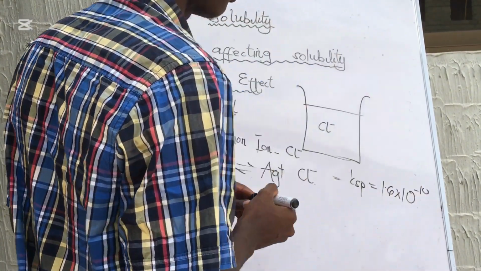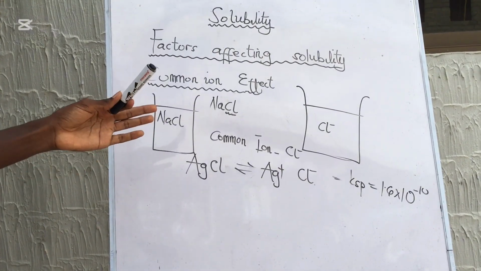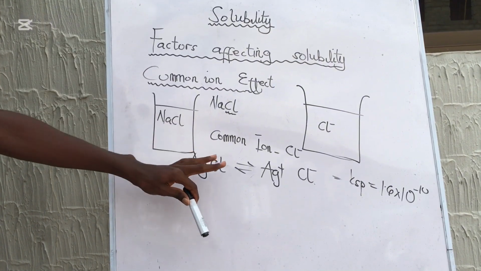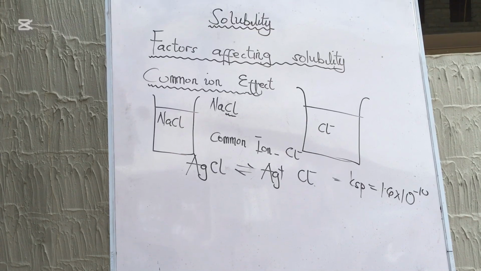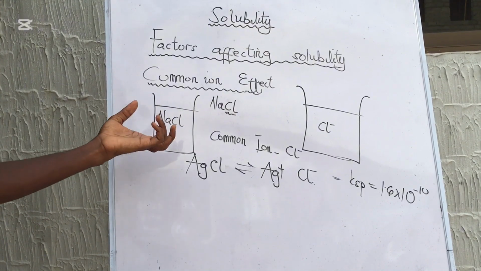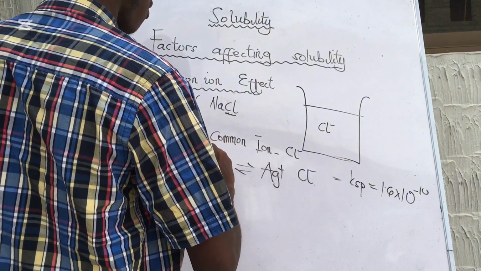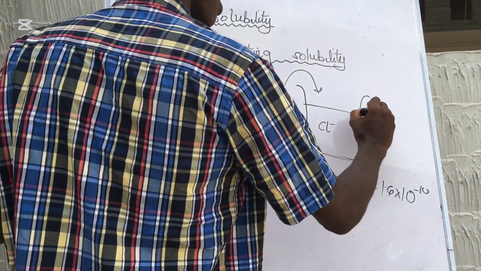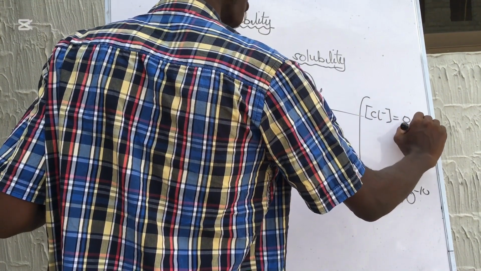If this is the Ksp of the salt, and this AgCl has now been dissolved in a solution that already contains Cl minus, let's say the concentration of this Cl minus is 0.01.